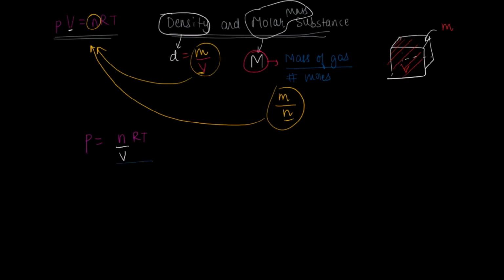We can divide both sides by n, the number of moles, just to bring n into the denominator. Doing so, we arrive at P over n is equal to RT times 1 over V.